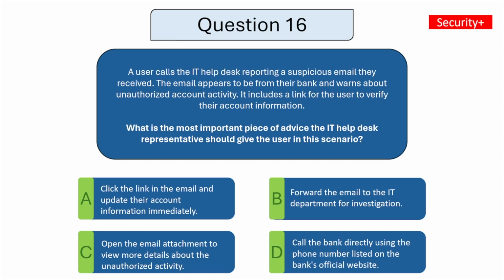But I'm leaning towards D, call the bank directly using the phone number listed on the bank's official website, only because we don't know if it's a work-related bank. It could be personal, and it's asking for advice. I could be wrong. I will probably be wrong, but I'm going to go with D on this one.